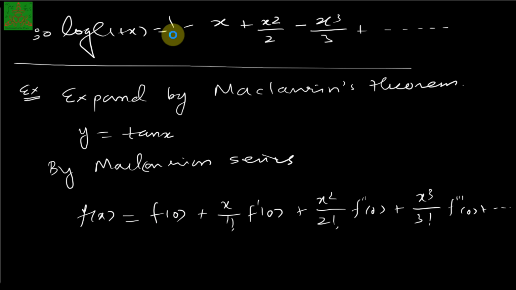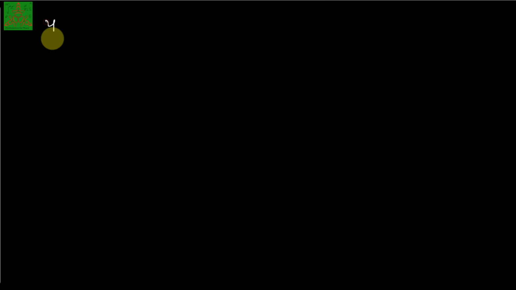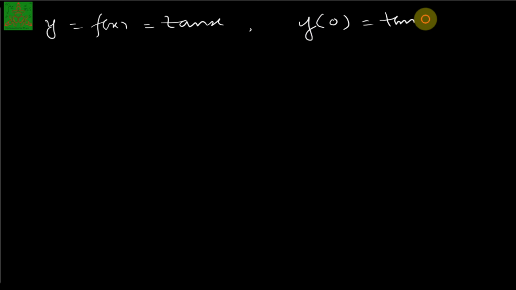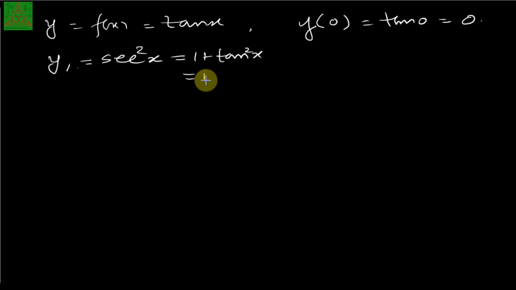So that means you need to calculate what is f of 0, f dash of 0, f double dash of 0, and so on. To calculate that, we have y, which is f of x, which is here tan x. So we have y at 0 is tan 0, which gives me 0. y1, that is sec square x, which we have as 1 plus tan square x, which is 1 plus y square.